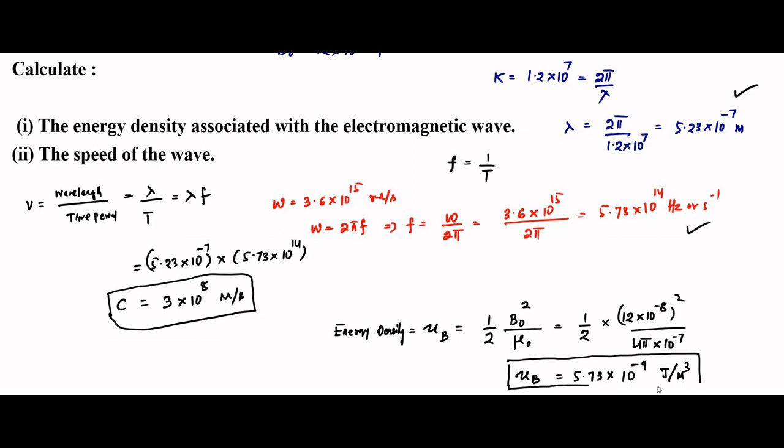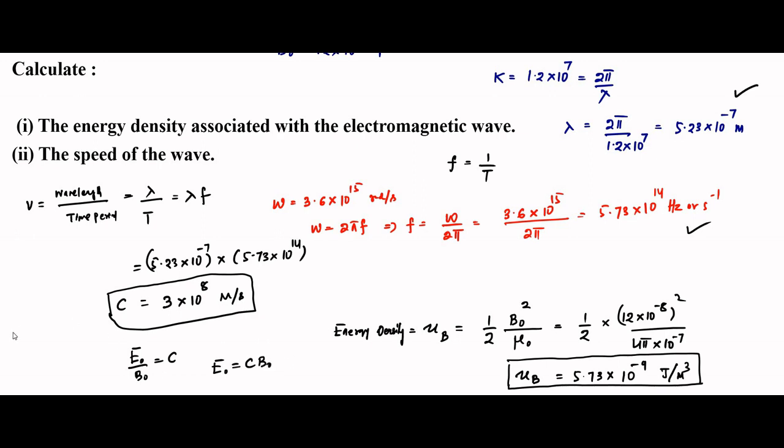Now you could have also done it in an alternative way, where you could have found E0 using the relationship E0 by B0 is equal to c, so E0 is equal to c B0.